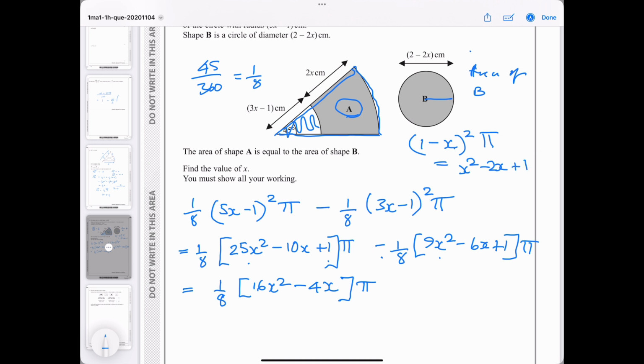Is that right? Yeah, minus 2x. So that's x squared minus 2x plus 1, pi. Yeah, that's all fine. Now, we're going to get rid of the pi.